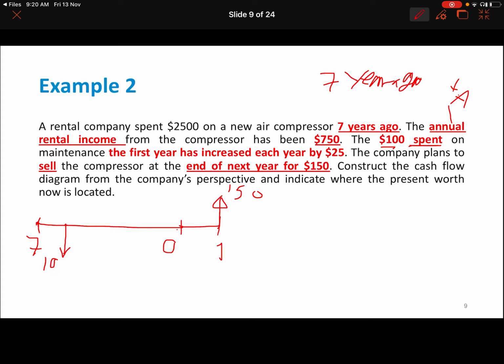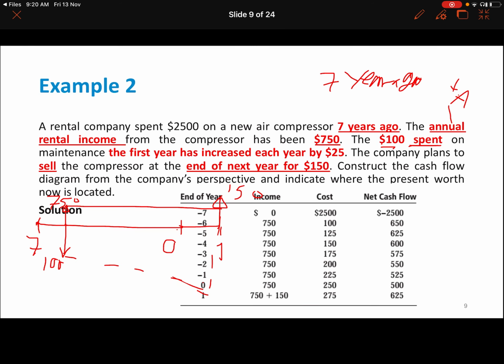This is 100 on the first year after he bought the compressor. Let's see the amount of money he received. He offered this for rent, so he received 750 each year until he sells this. Let's see the answer.